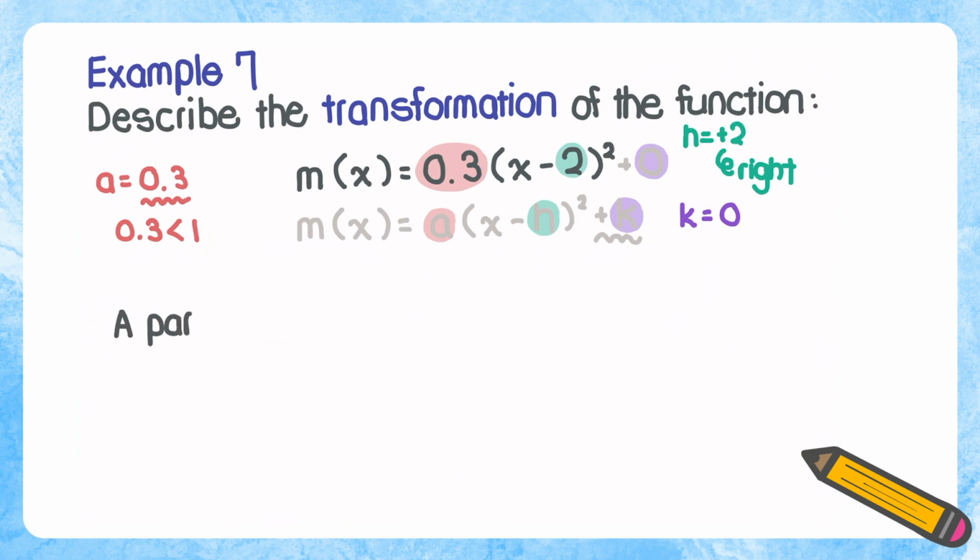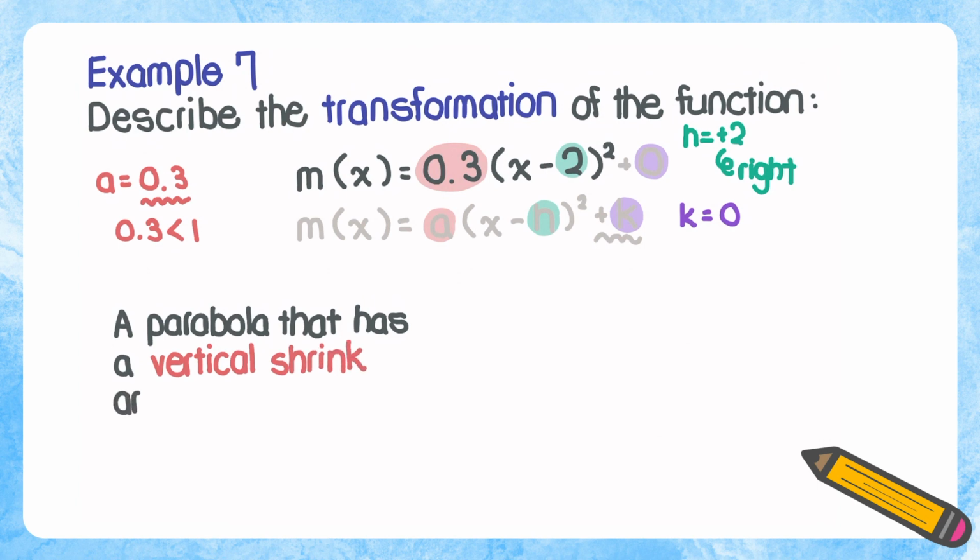So let's write the description. A parabola that has, so what are the effects? I know there's a vertical shrink, so the graph will look wider. And then there's no vertical translation, but we still have a horizontal translation. Since we have h equals positive 2, we move 2 units to the right.